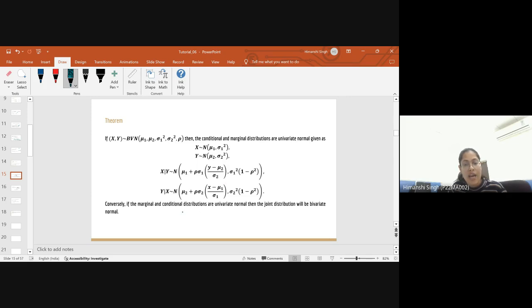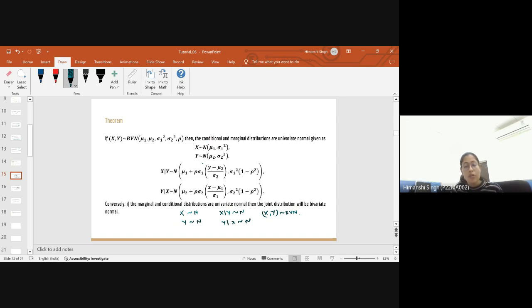So if x is normal, y is normal, x given y is again normal, and y given x is again normal, then the joint distribution of x comma y will be a bivariate normal distribution. So the converse is also true under this condition.